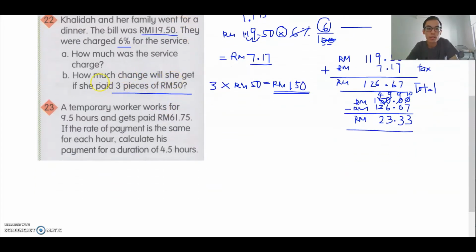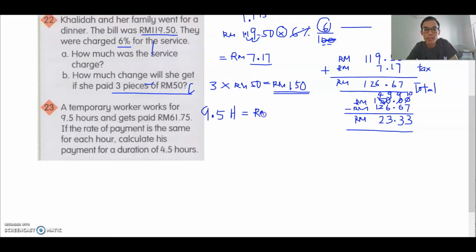Okay, question 23. A temporary worker works for 9.5 hours and gets paid 61 ringgit and 75 cents. Okay, let's write down first. 9.5 hours.